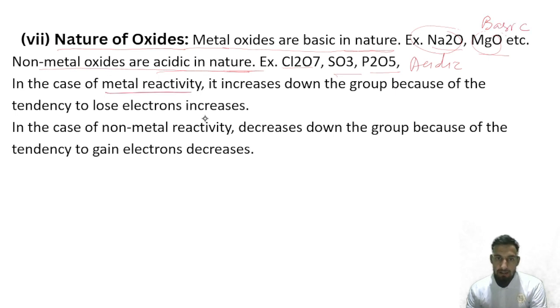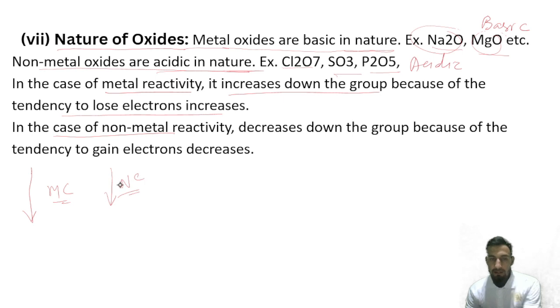In case of metal reactivity, it increases down the group because of the tendency to lose electrons. तो हमने देखा कि डाउन द ग्रुप जाते हैं तो मेटेलिक कैरेक्टर इंक्रीज होता है, and in case of non-metal reactivity हमने देखा कि डाउन द ग्रुप जाते हैं तो नॉन मेटेलिक कैरेक्टर डिक्रीज होता है क्योंकि टेंडेंसी टू गेन इलेक्ट्रॉन्स कम होती है.